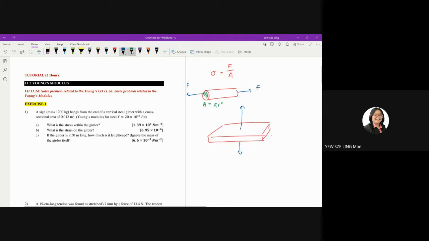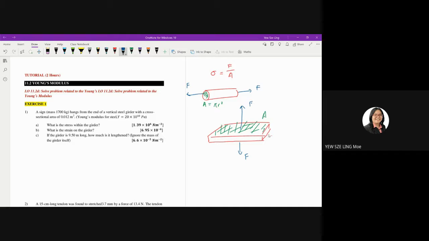In this case, the cross-sectional area that we're going to use in our calculation is here. So this is the A that we're going to use. The cross-sectional area is on top of the surface. Make sure you know where the surface area is and what the force is that we're going to use.